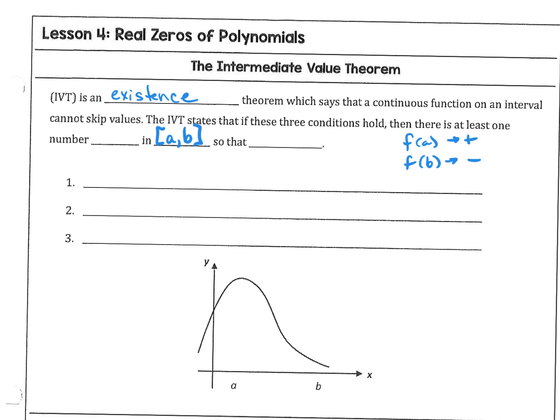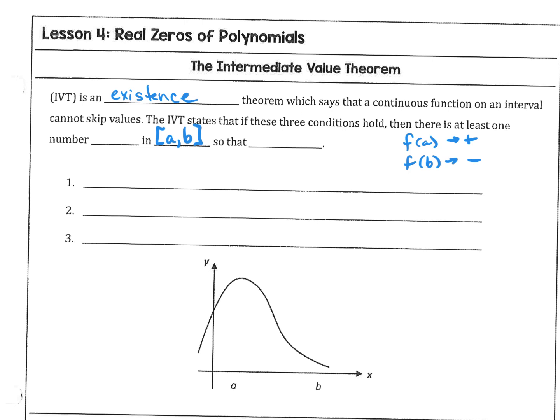Think about it. If we have one y value that's positive, and the next y value in order is negative, it had to go from positive to negative. It has to go across 0, doesn't it? That's what we've used the intermediate value theorem for.